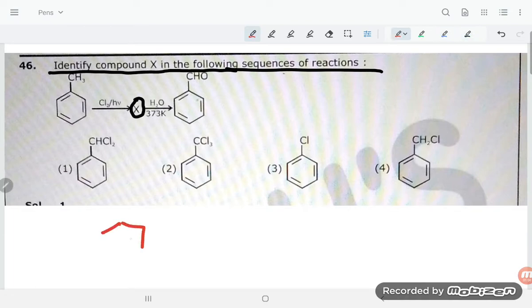This is toluene. Toluene goes through chlorination, Cl2 and light, so it will be a substitution reaction.